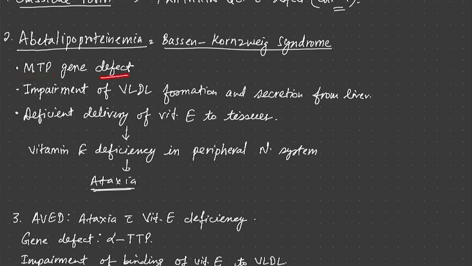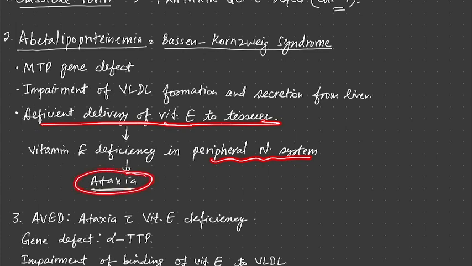Its defect will cause impairment of VLDL formation, and VLDL is the carrier of vitamin E. So there will be deficient delivery of vitamin E to the tissues. So there will be deficiency of vitamin E in the peripheral nervous system also. There will be degeneration of peripheral nerves which will cause ataxia. So this is abetalipoproteinemia causing ataxia, right?